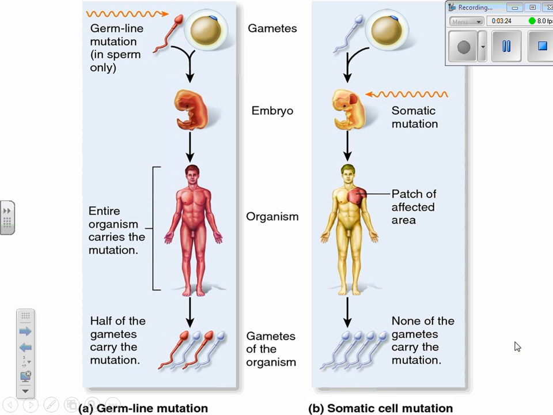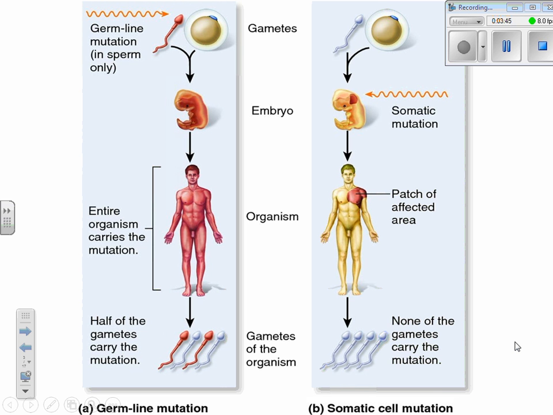First of all, you've got to consider how they come about. Well, there are two points at which mutations commonly occur. On the left, if you get a mutation in what we'd call germ cells. Now, germ cells are reproductive cells. So in humans, we're talking egg cells and sperm cells.